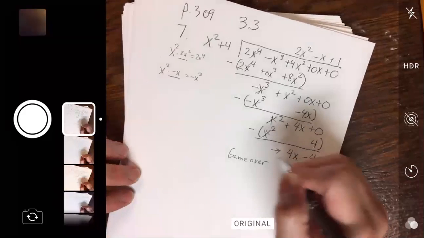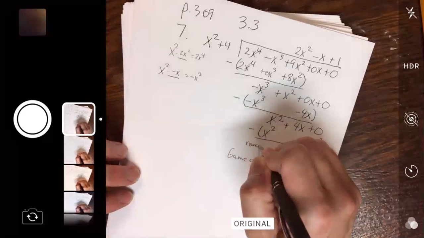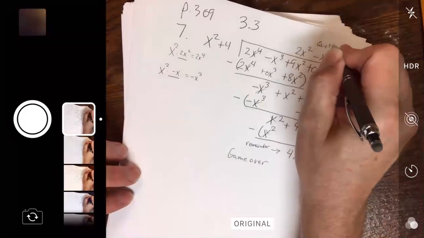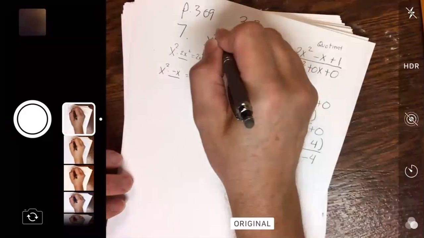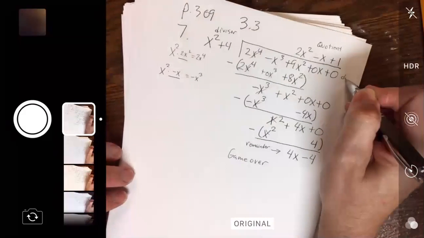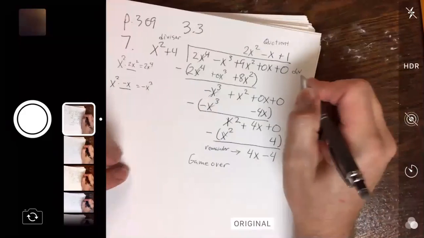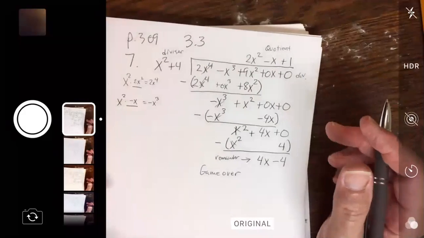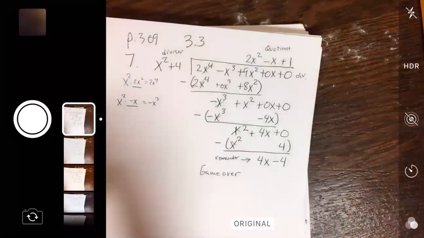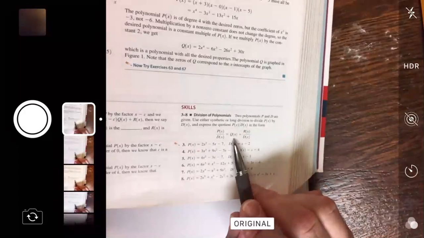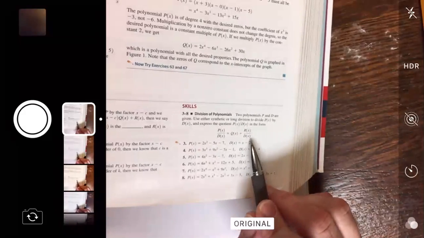This is the remainder. This is the quotient. This is the divisor. That's the dividend. Now the trick, if you want to match the answer in the back of the book, is to read how they want you to write your answers. They want you to write your answers as quotient add remainder divided by divisor.